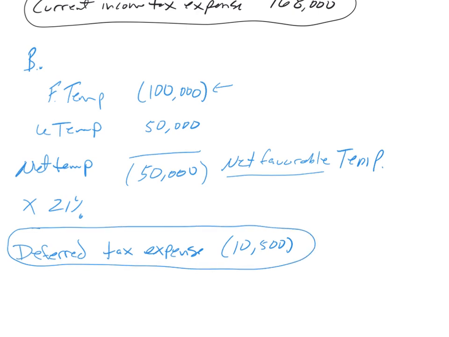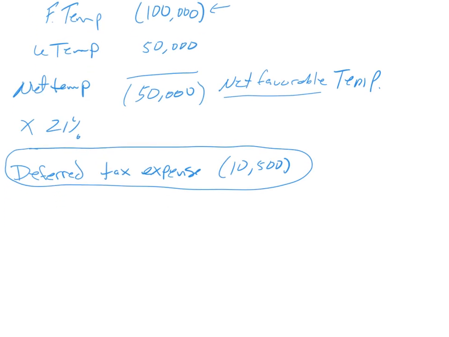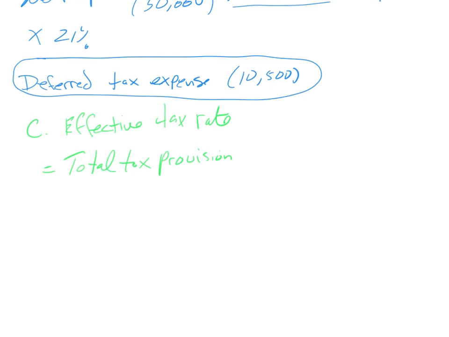All right, so Part C asks us to calculate their effective tax rate. First of all, how do we find effective tax rate? Well, effective tax rate is equal to the total tax provision.